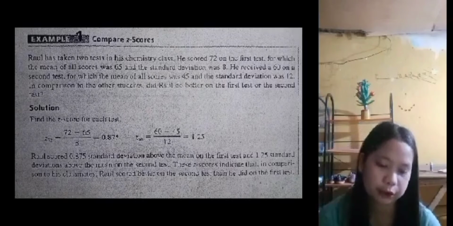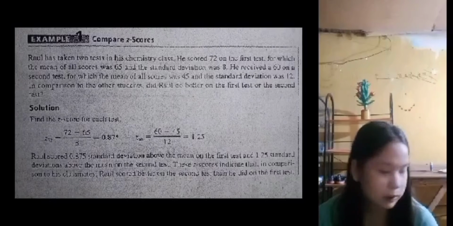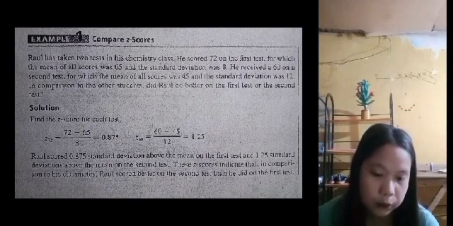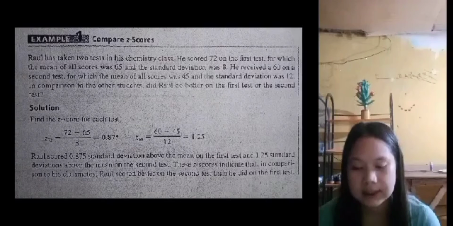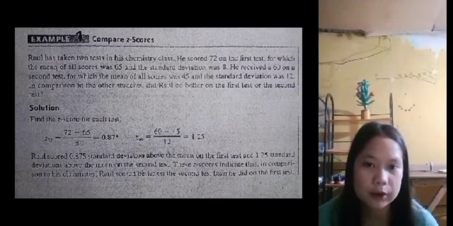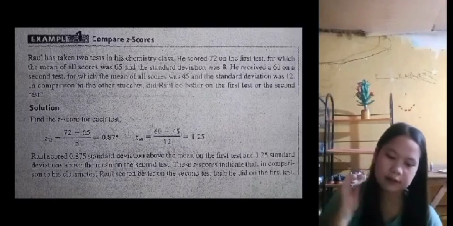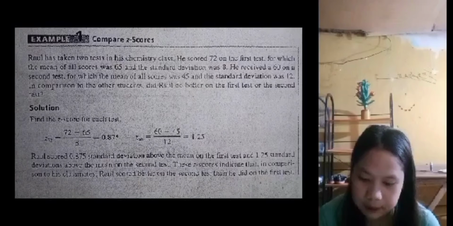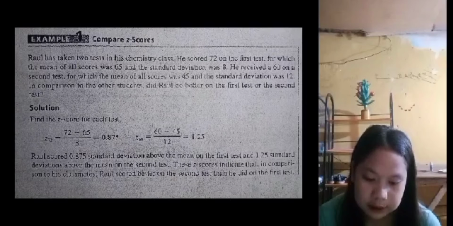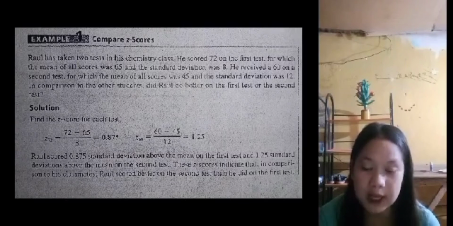So, solution. Sa first test, kailangan po natin hanapin si x. So, ang x po natin ay he scored 72 on the first test. So, 72 po yung x natin. So, isulat po natin 72. Okay. Ang mean naman, which the mean of all scores was 65. So, ang mean po niya ay 65.